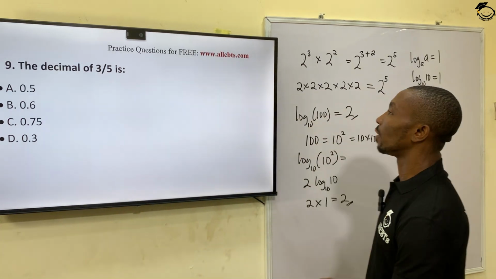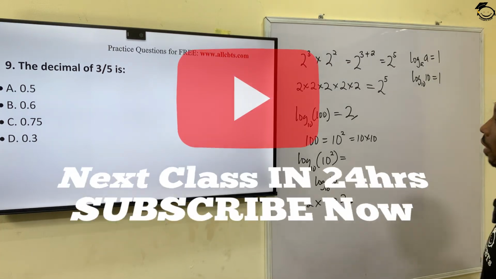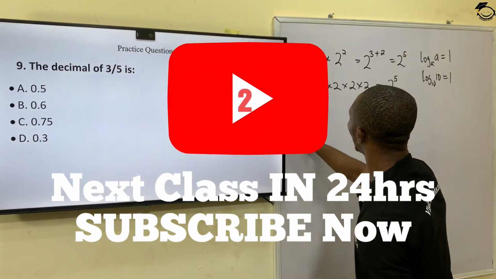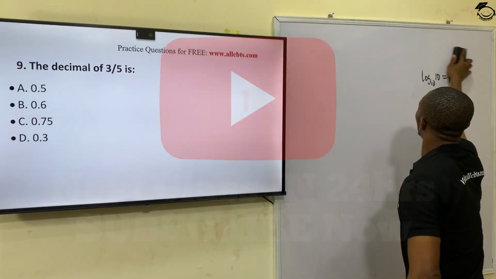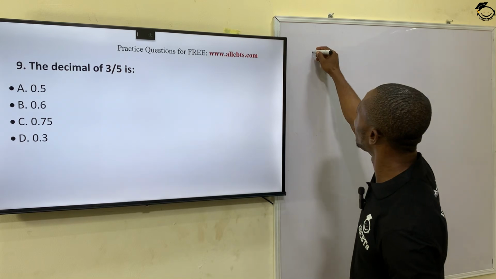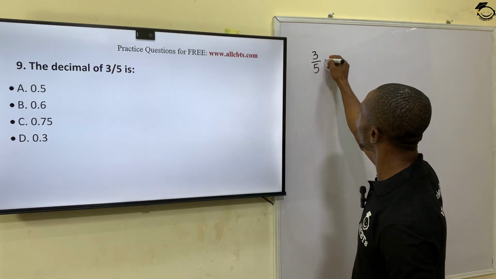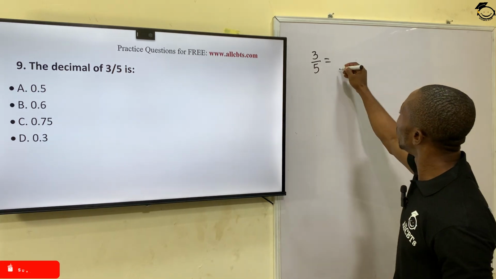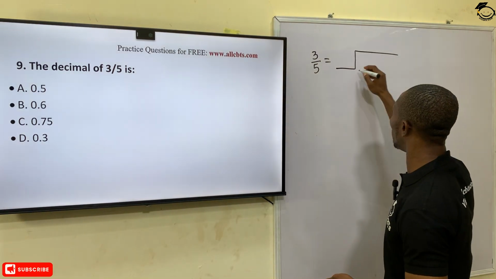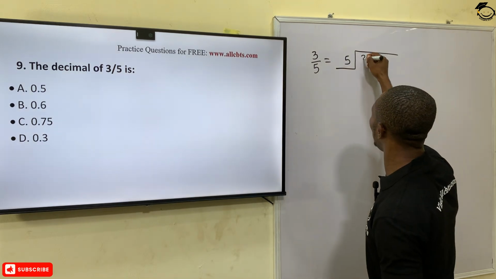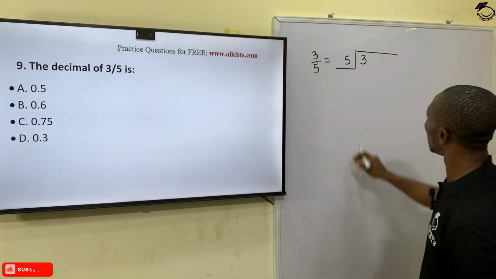It says the decimal of 3 over 5 is, so we are asked to convert 3 over 5 to a decimal. In order to convert this to decimal, we will put it in a division form. 5, our denominator, stays out, while our numerator stays in.